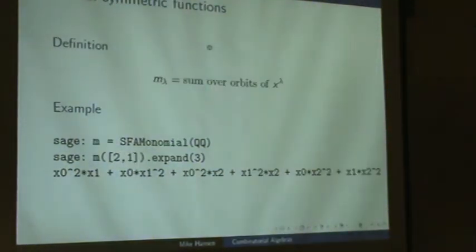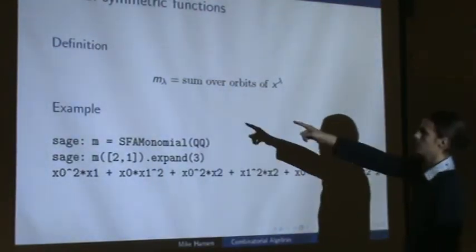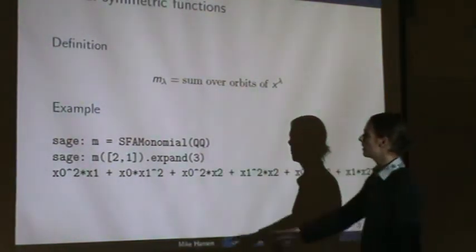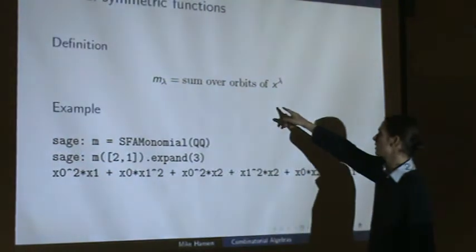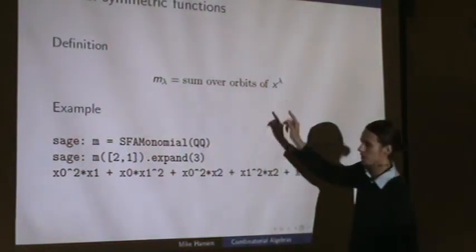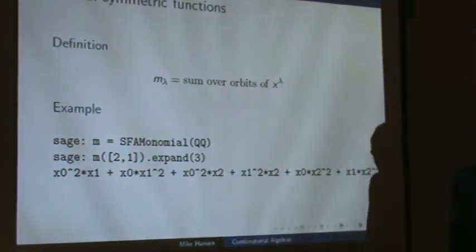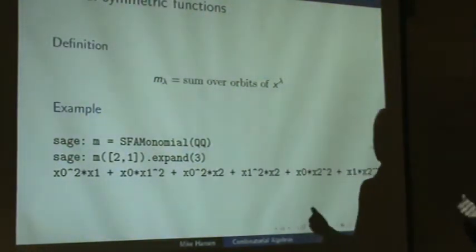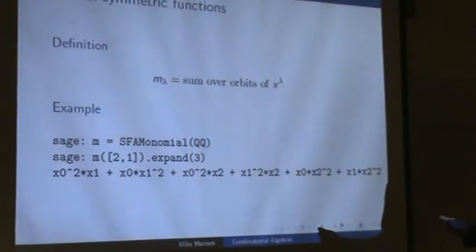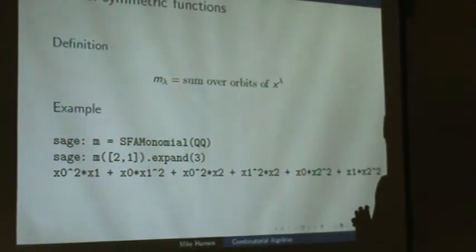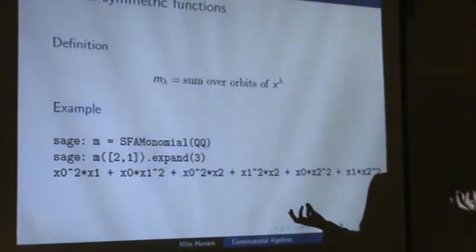Then we get into a bit more interesting bases, the monomial symmetric functions, which are denoted m sub lambda. What these are is the sum over all the orbits of x sub lambda. And what do I mean by that? Well, say you have some symmetric polynomial, and you know that x1 squared times x2 is a term of that polynomial.